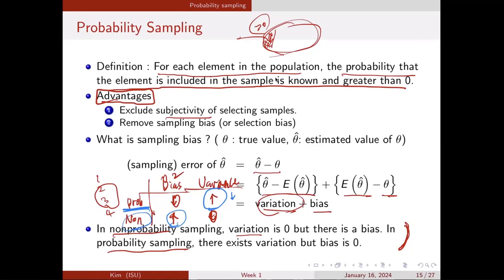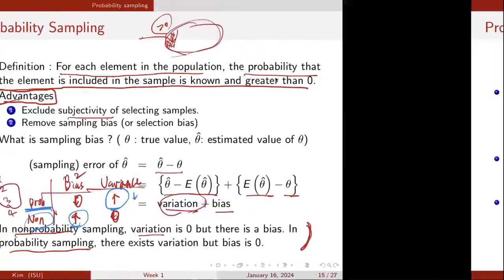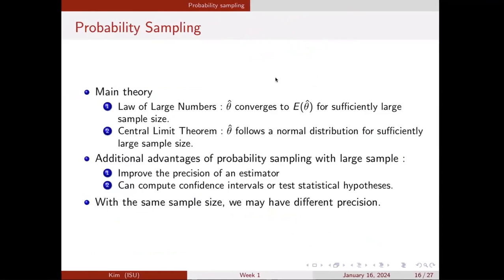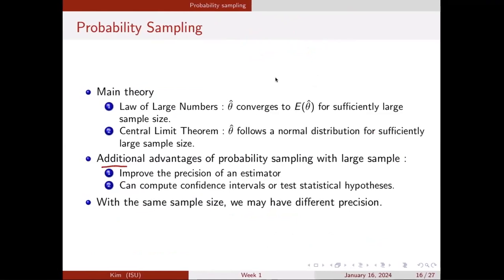So really, we cannot control the bias with a large sample size. So there's an additional advantage. That's why I call it additional advantage. What is the additional advantage? Additional advantage comes from large sample.